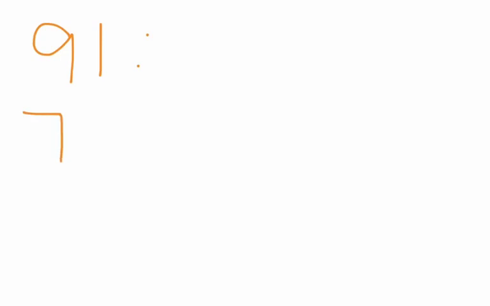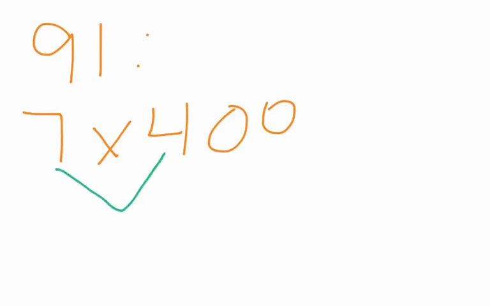Here we go. All right. First one is 7 times 400. So the first thing I want you to notice is this is not in the right way, okay? Yes, you could just say 7 times 4 is 28 and add 2 zeros, but that's not the best way to do it, okay?